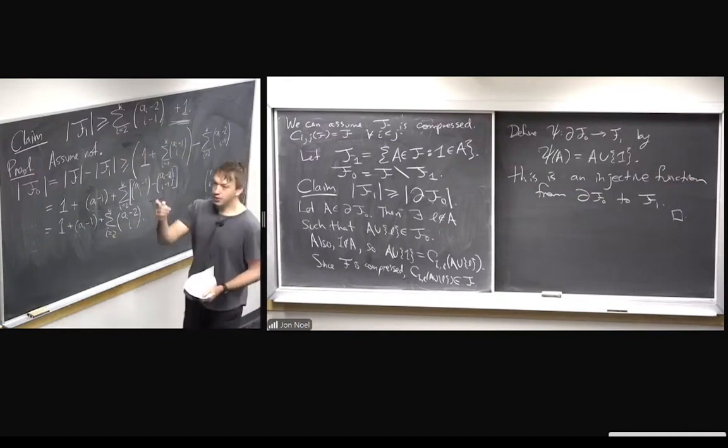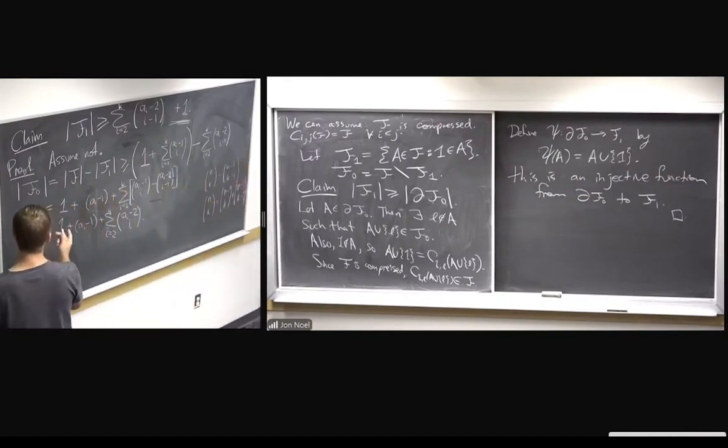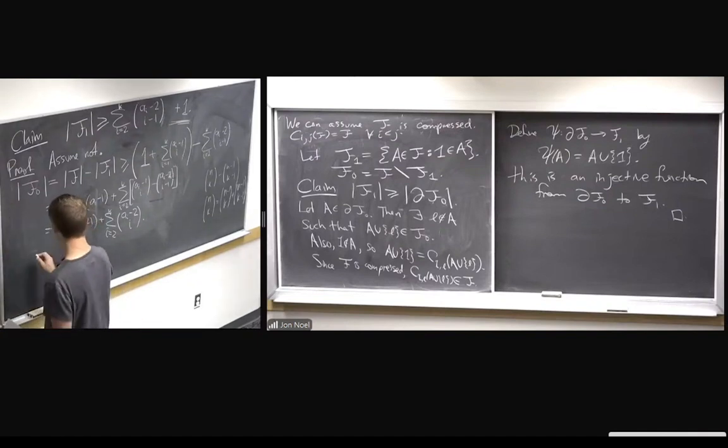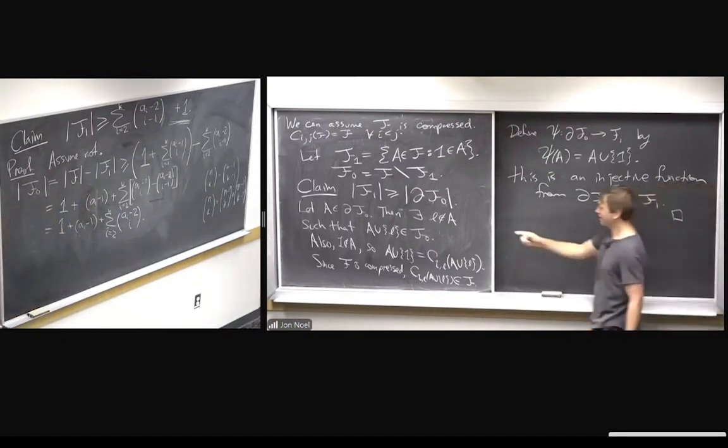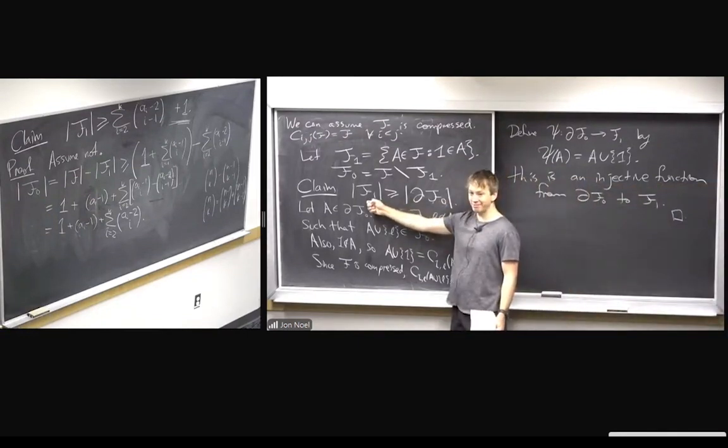But to go back to this other plan, I want to get some kind of a contradiction here. I showed that F0 is big, at least this. And if a collection is big, we can say by induction that the shadow is big. And if the shadow of F0 is big, that's going to translate to F1 being big by this claim.